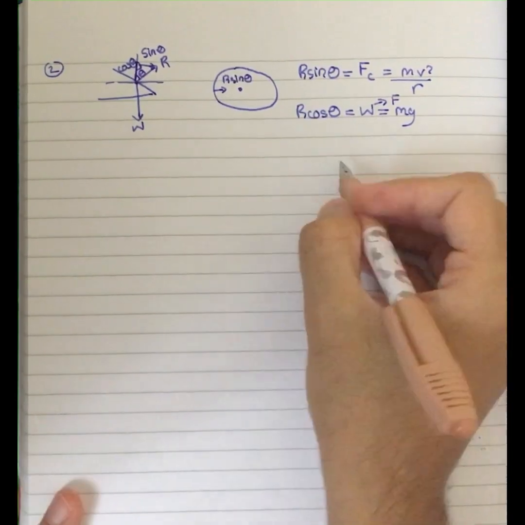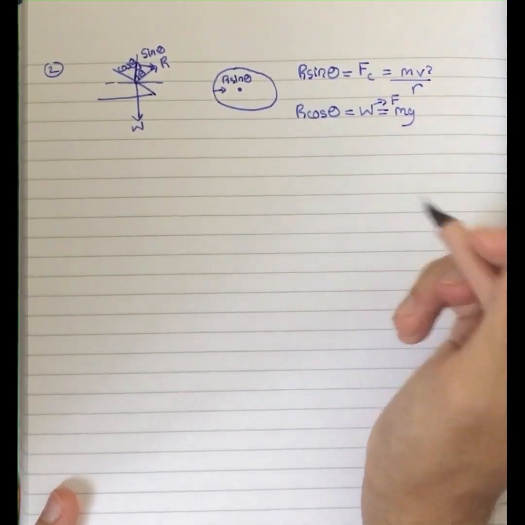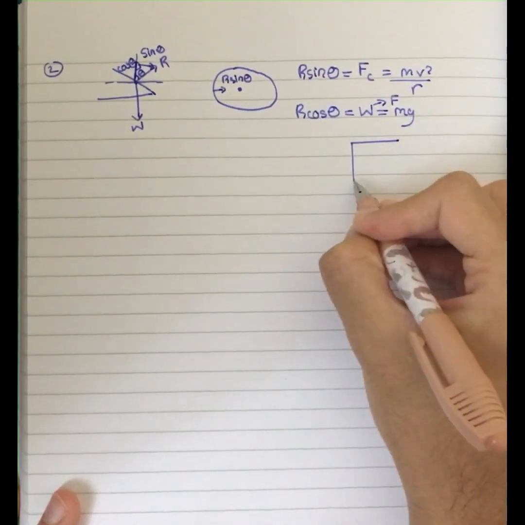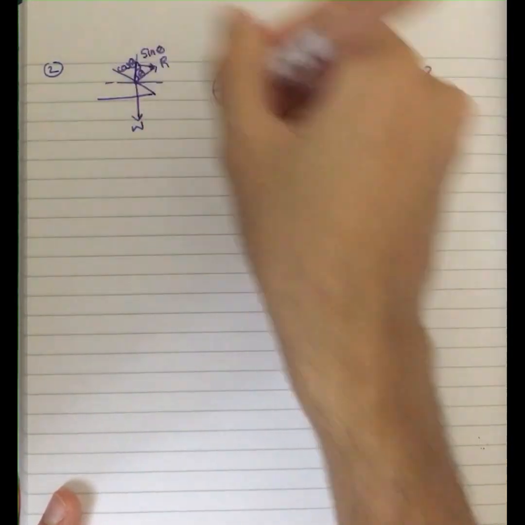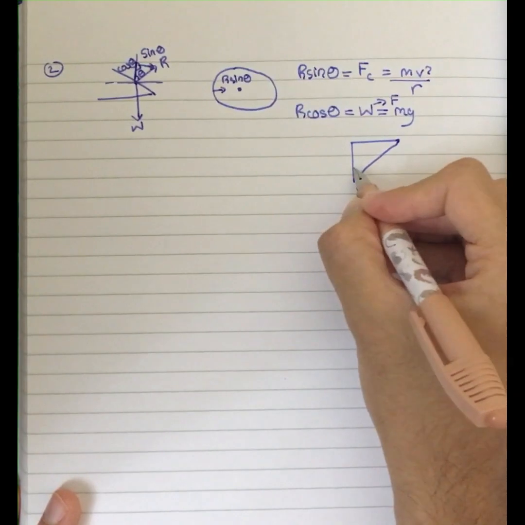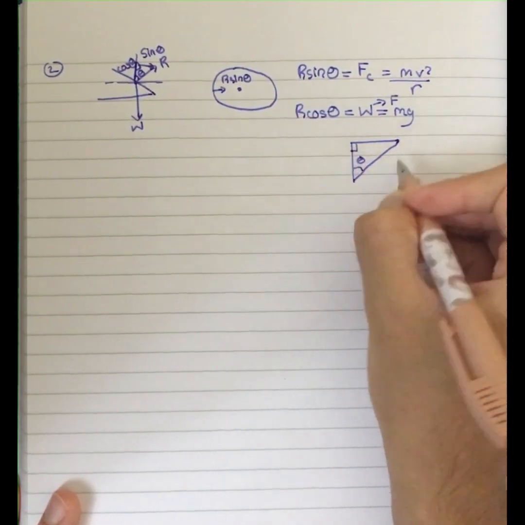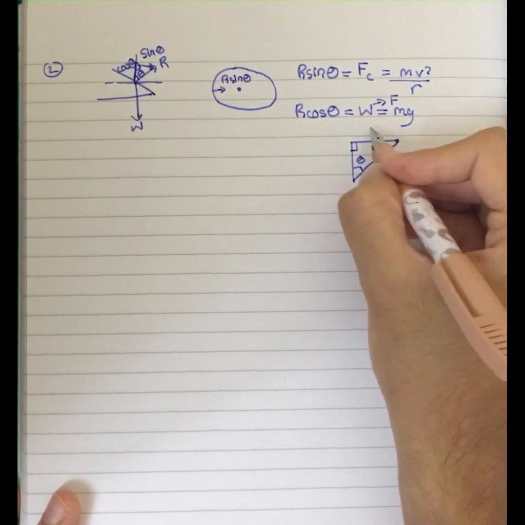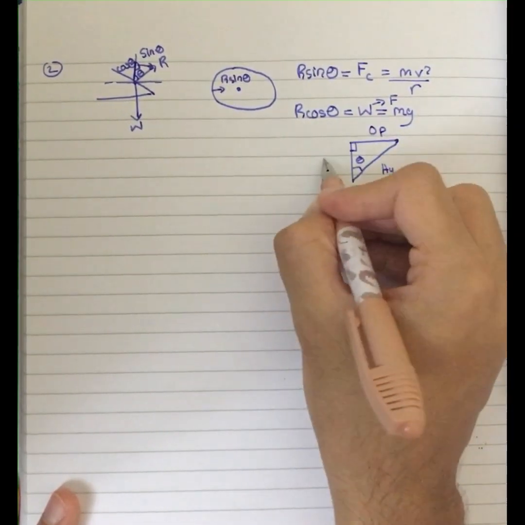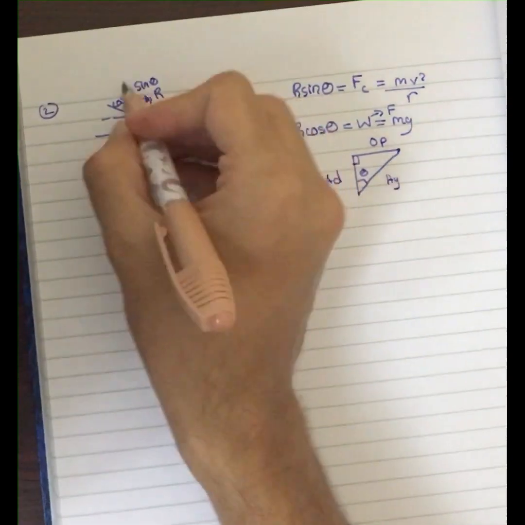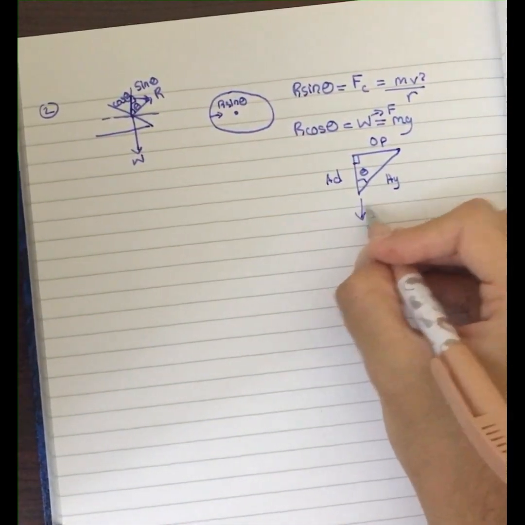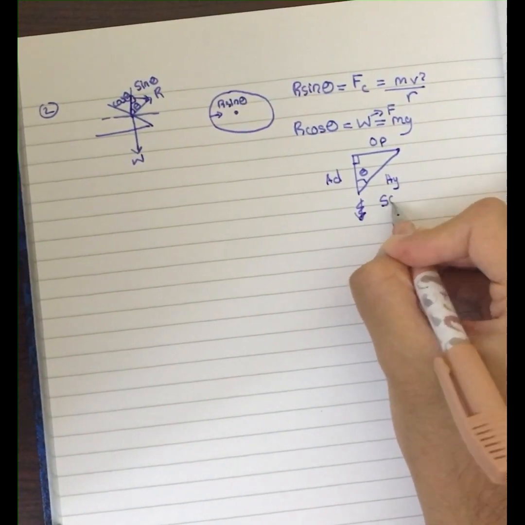Now we are going to use the Pythagorean theorem, right? The Pythagorean theorem is basically this triangle we have drawn. I made this triangle right here, so this is our theta, this is our right angle triangle. Over here is our hypotenuse, over here is our opposite, and over here is our adjacent, right? So let me write the SOHCAHTOA as well.